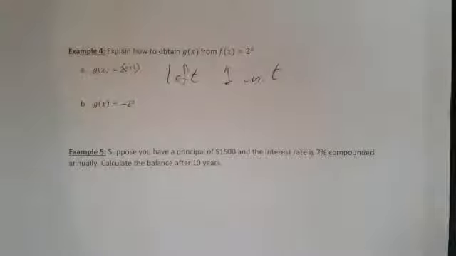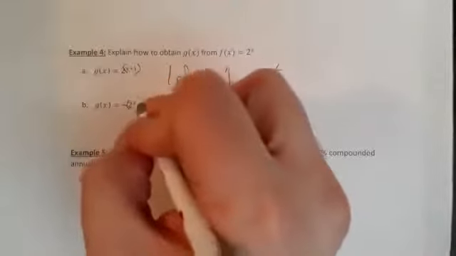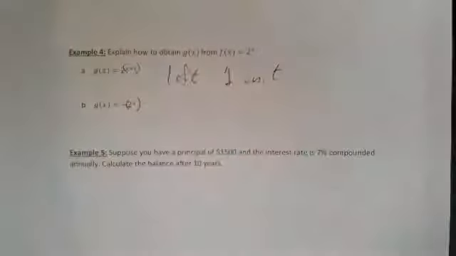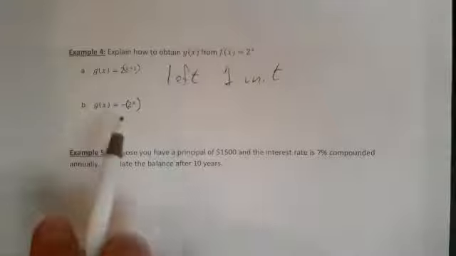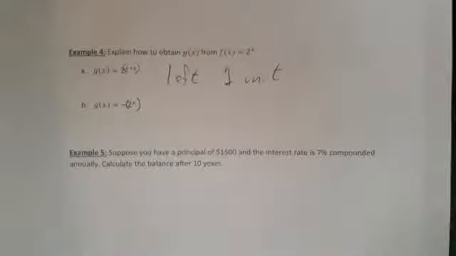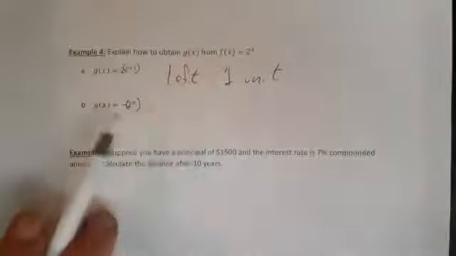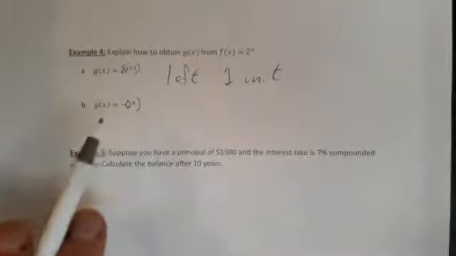And then the other one, if we see this, we can kind of look at like this thing happening first. We're going to do the 2 to the x. And then after we do the 2 to the x, we're going to put a negative on it. And so it's kind of like we're taking the y value that we had here and throwing a negative on all the y values.